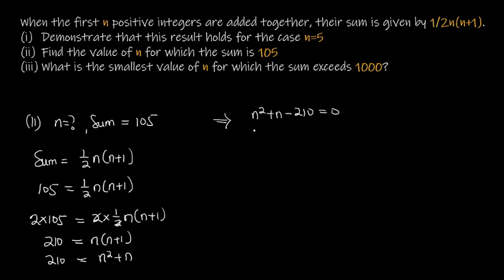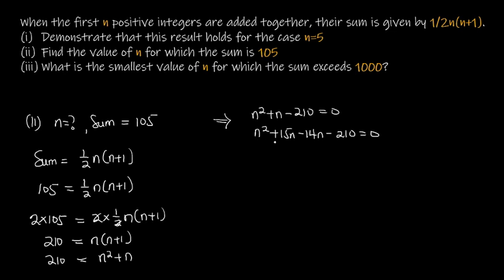So let me use that. It means I have n squared plus 15n minus 14n minus 210 is equal to 0. So if you look at this, if I multiply 15 by 14, I get negative 210. But if I add this, I get just positive n. So it means I have not done anything at all to this equation above over here.